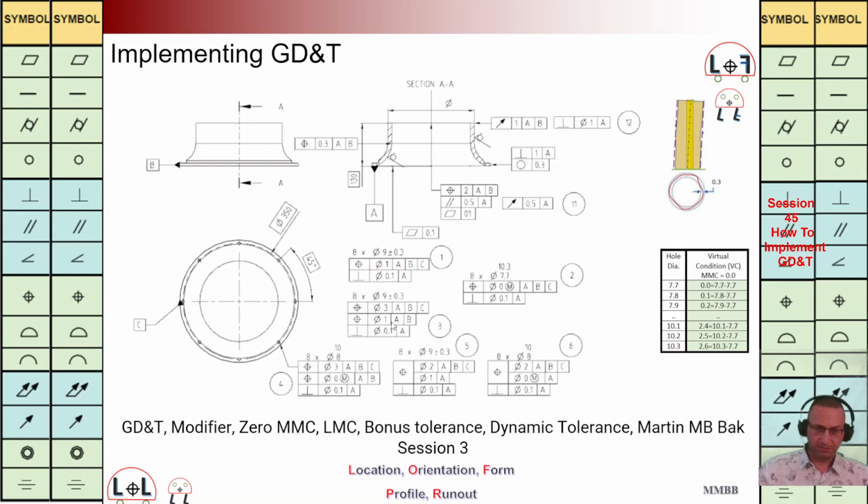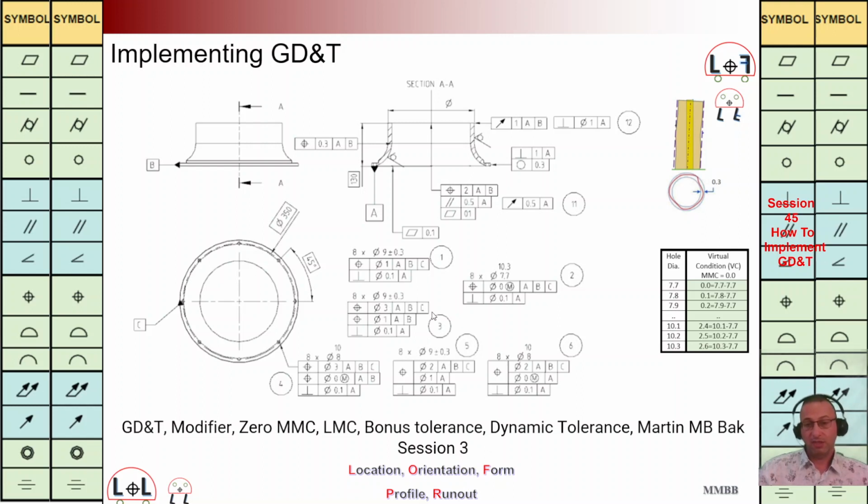Case number 3, we are going to have 2 independent, let's say FCF, feature control frame. Whenever we are going to have these 2 independent positioning, we are going to refine it. First, we are going to refine it with 1 and then a little bit larger TZ.